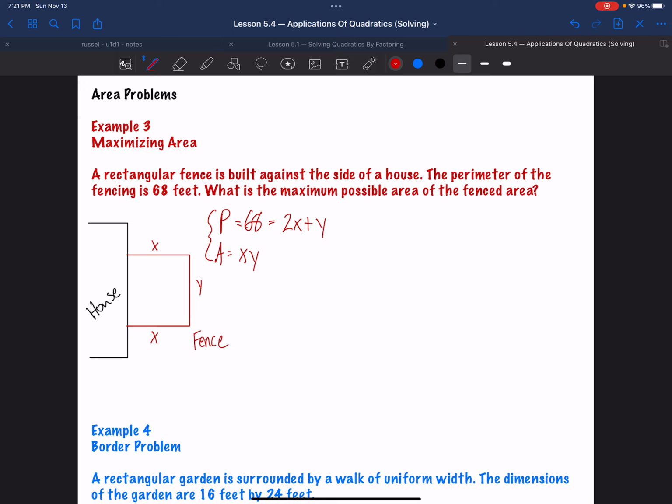But we could make it into a quadratic, and here's how. Keep in mind I'm trying to find maximum area, which means, I'm going to write this down: can I make area a quadratic equation?